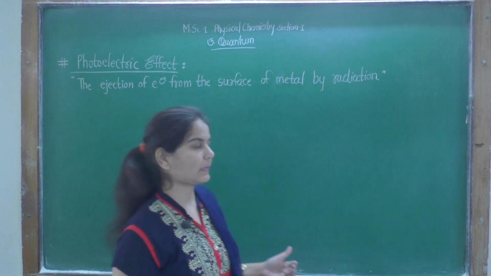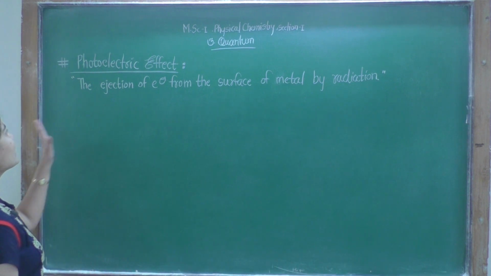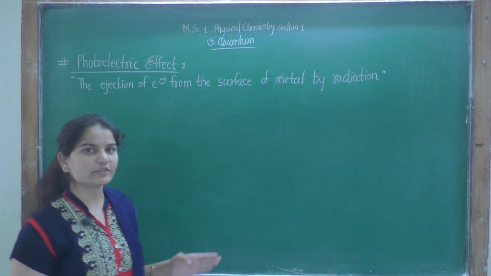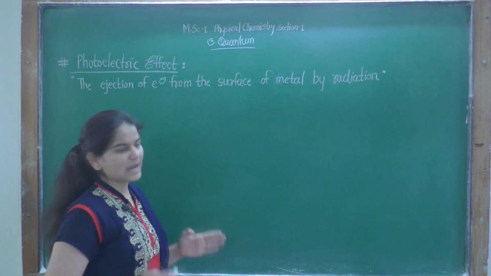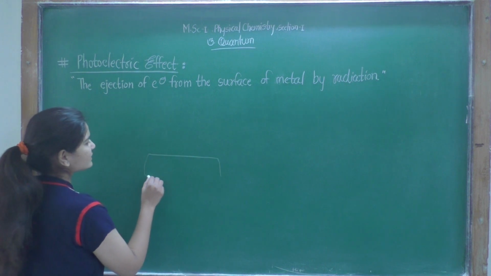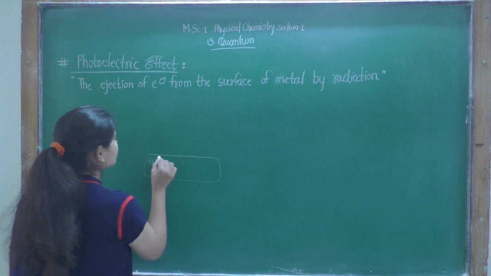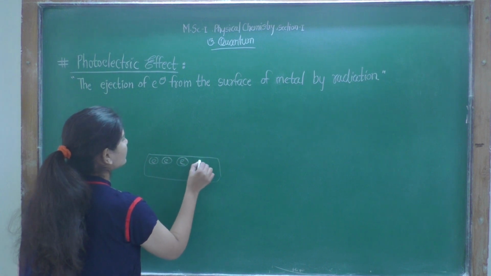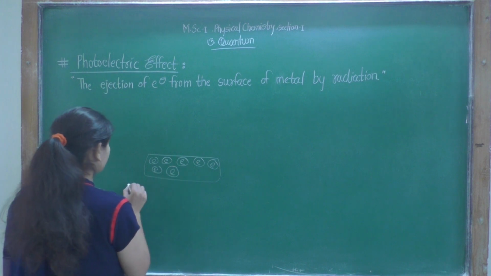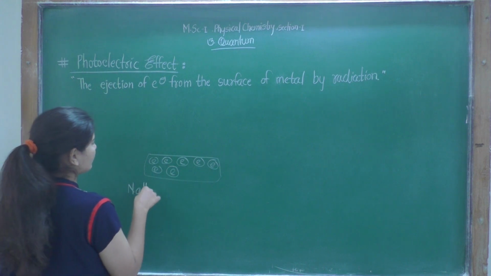What is the photoelectric effect? The definition is the ejection of electrons from the surface of a metal by radiation. If this is our metal surface, there are some electrons present on the metal surface. Let's say sodium, Na-11.